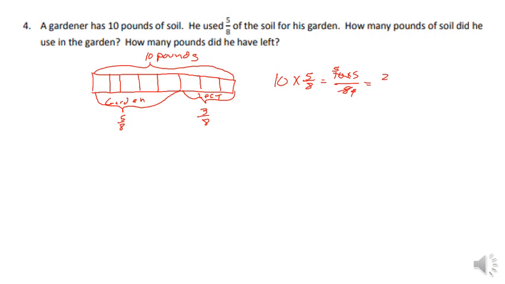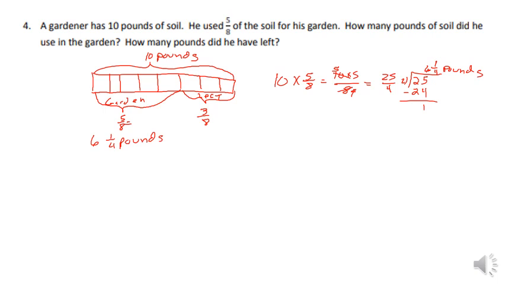So we end up at 25/4. And now we can divide this to find out. 4 goes into 25 6 times. 6 times 4 is 24 with 1 remainder. So it'll be 6 1/4 pounds. So this would equal 6 1/4 pounds that he used in the garden.